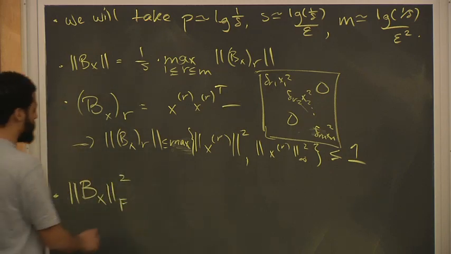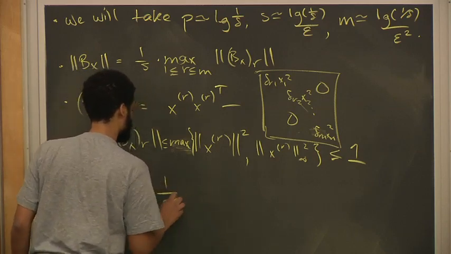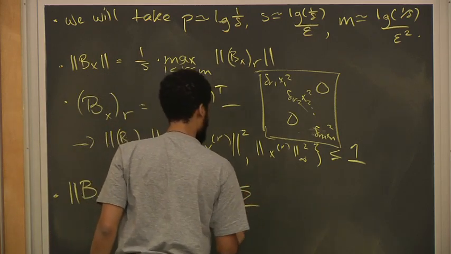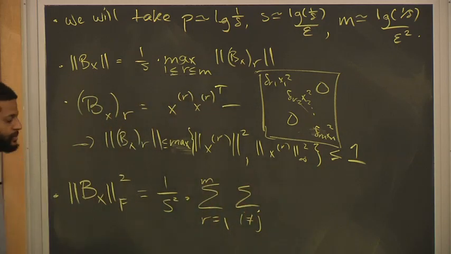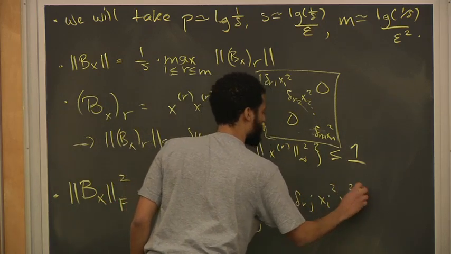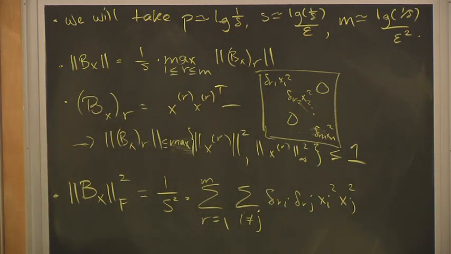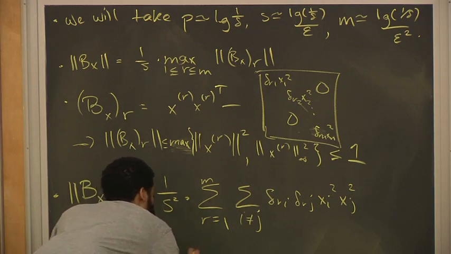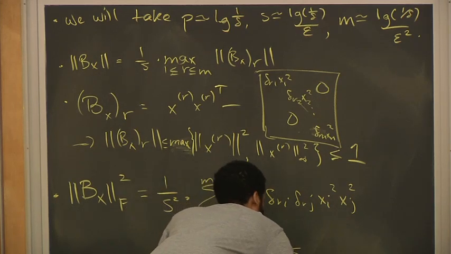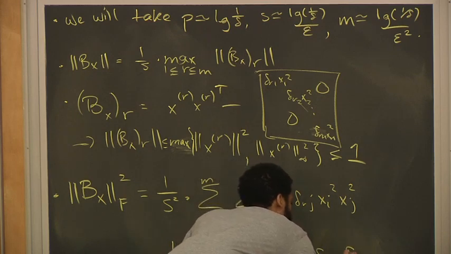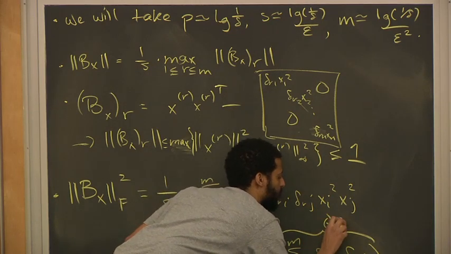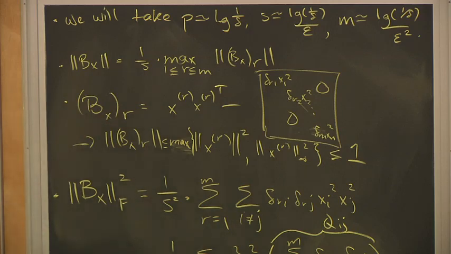First of all, 1 over s squared, since the 1 over s gets squared, times the sum over r from 1 to m, sum over i not equal to j, because the diagonals are 0, of delta_ri delta_rj x_i squared x_j squared. Rewriting this as 1 over s squared times the sum over i not equal to j of x_i squared x_j squared times the sum over r from 1 to m of delta_ri delta_rj, let me call this thingy here Q_ij. So what is Q_ij in words?